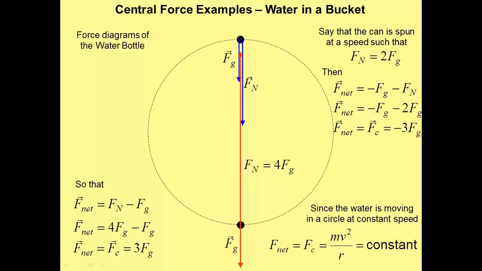At the bottom, however, that force of gravity is pointing out of the circle. So that means if we need a net inward force, we have to first overcome that force of gravity and then provide the same net inward force. Right? So as you see here, we had to put a lot more force on here. So gravity's helping at the top, gravity's working against us down at the bottom.